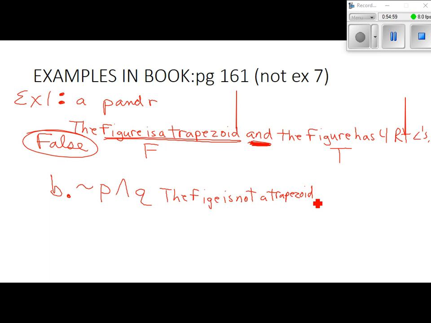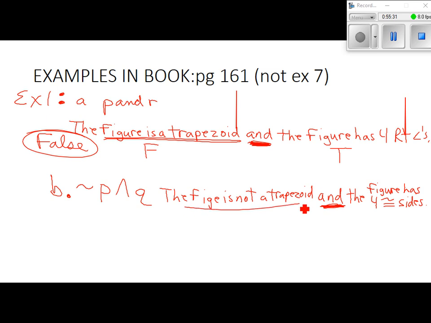Then, Kai, what word are we going to write? And. All right, Sean, what was Q? The figure has 4 congruent sides. Now we look at this. Remember, we use the word and.